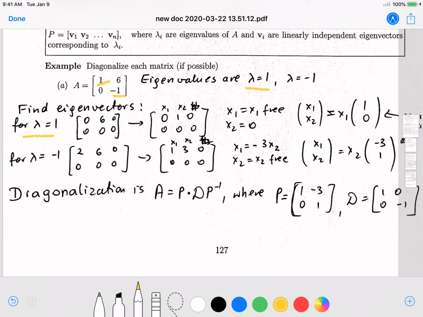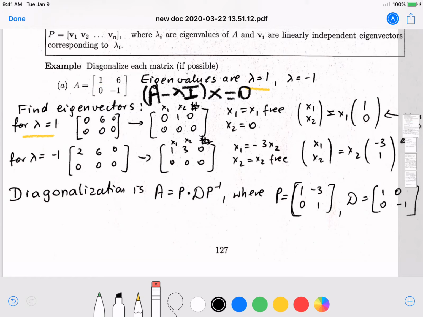So for lambda equal to 1, I'm solving the equation A minus lambda identity times x equals 0, for a non-zero vector x. In other words, I'm subtracting 1 from the main diagonal.